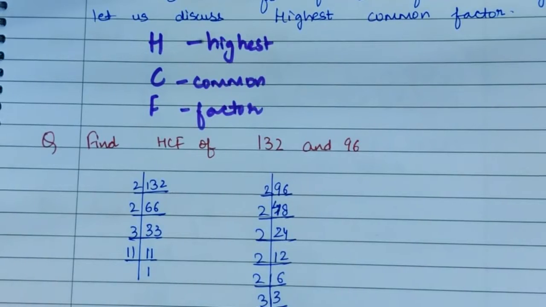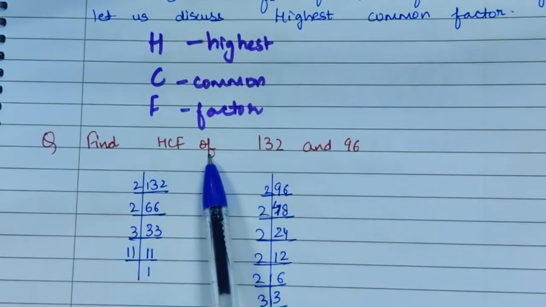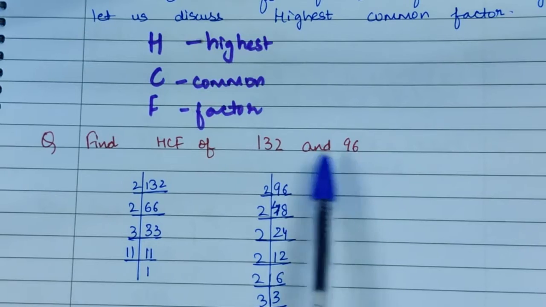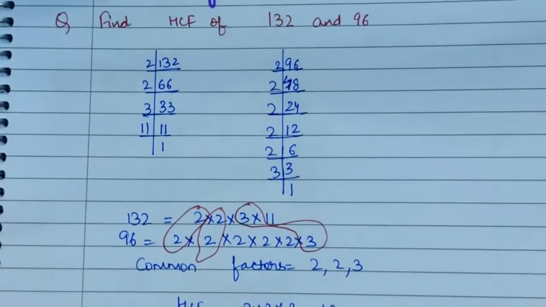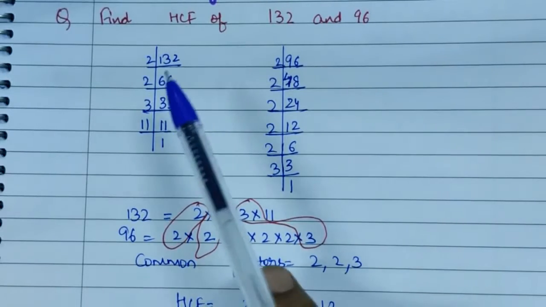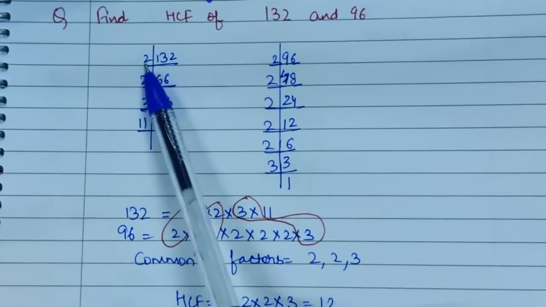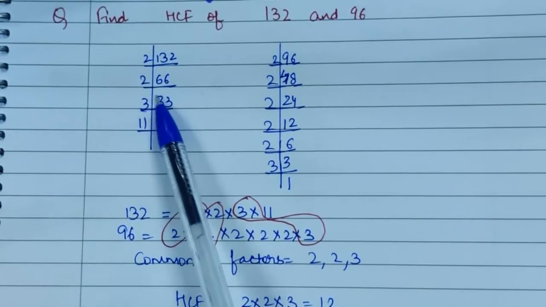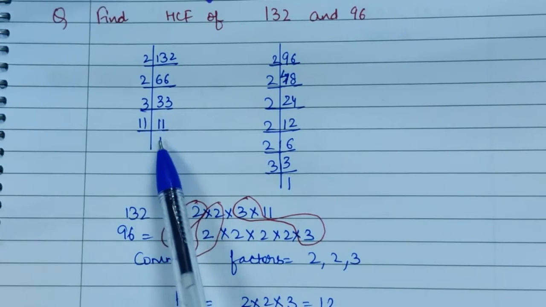So let us start with an example. Find the HCF of 132 and 96. First of all, we will find their prime factorization. We have already done this. 132: 2 into 66, 2 into 33, 3 into 11, 11 into 1.